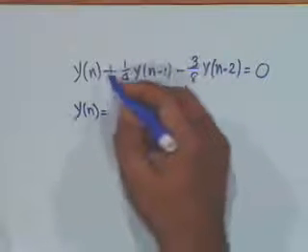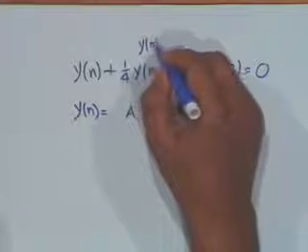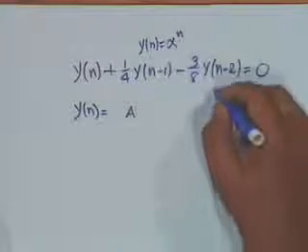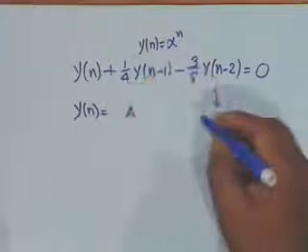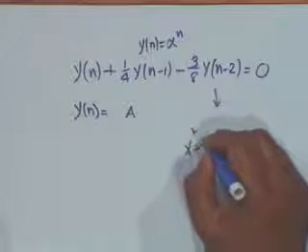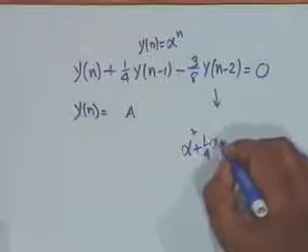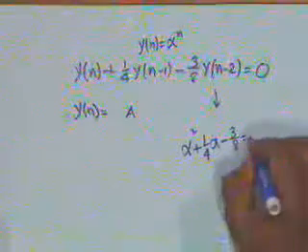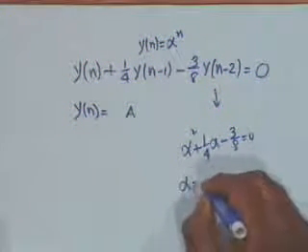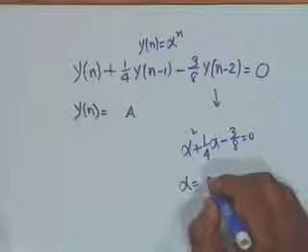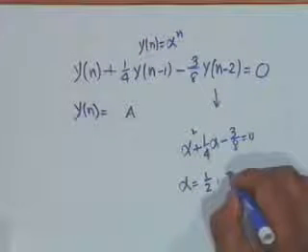Now, if you want to solve this, you try a solution y of n equal to alpha to the n, and therefore if you substitute this, you get alpha squared plus 1/4 alpha minus 3/8 equal to 0, and there are two values of alpha, equal to 1/2 and minus 3/4.